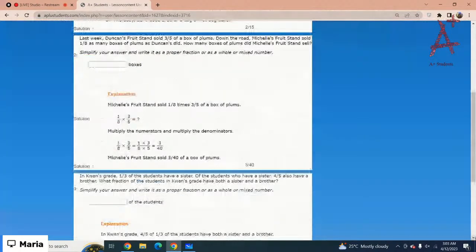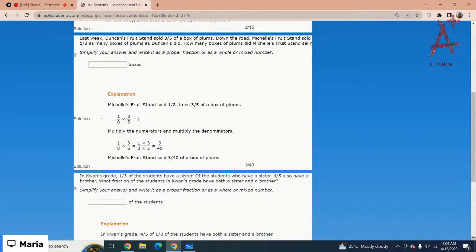Last week, Duncan's fruit stand sold 3/5 of a box of plums. Down the road, Mitchell's fruit stand sold 1/8 as many boxes of plums as Duncan's did. How many boxes of plums did Mitchell's fruit stand sell? So you have to do 3/5 times 1/8, because Mitchell's fruit stand sold 1/8 as many boxes of plums as Duncan's did.